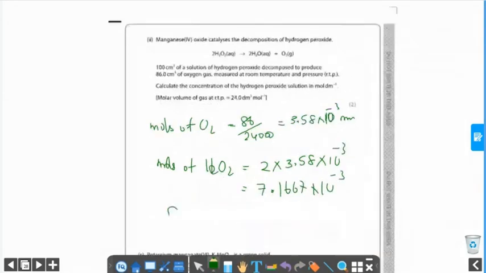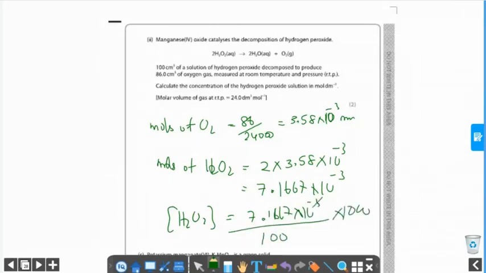So this is the amount of moles in 100, so the number of moles in 1000 is the concentration: 7.1667 × 10^-2 moles per decimeter cube.